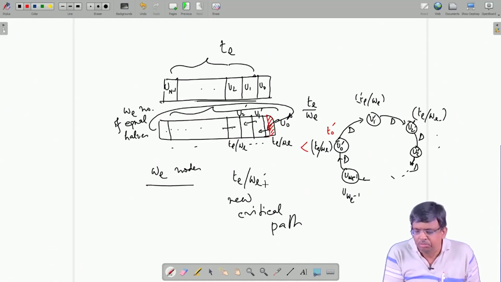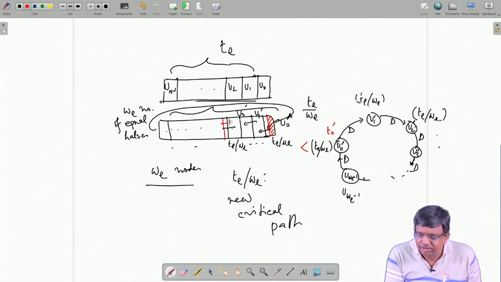By designing these processors, I can make one or a few of the nodes shorter than TL by WL. But if I make any one shorter, at least one of the other nodes, or several of them, will get thicker, so the time there will be more. Maybe T2 prime may be more, or maybe T1 prime may be more.